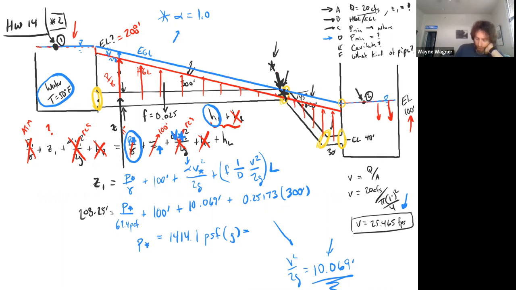This is gauge, so we're going to add 2116.8, basically adding atmospheric pressure, and we get 4233.6 PSF absolute.